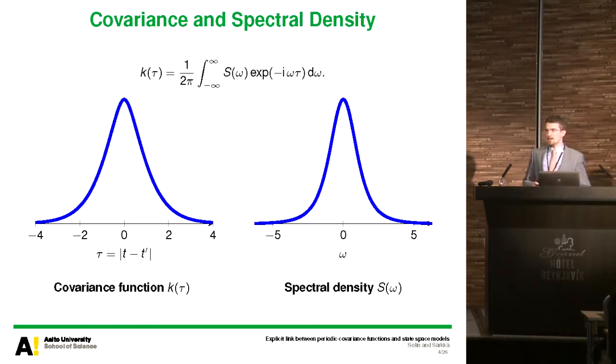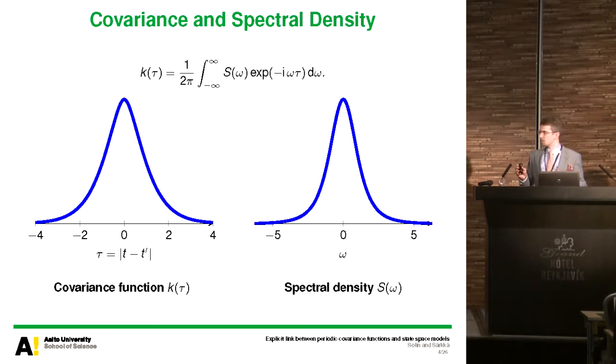So the link between these two formulations is quite easily understood by considering the spectral density of the covariance function k. That means the Fourier transform of the covariance function.